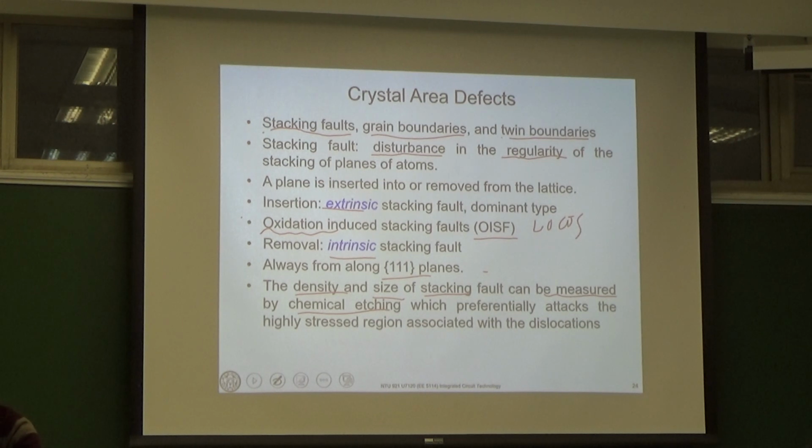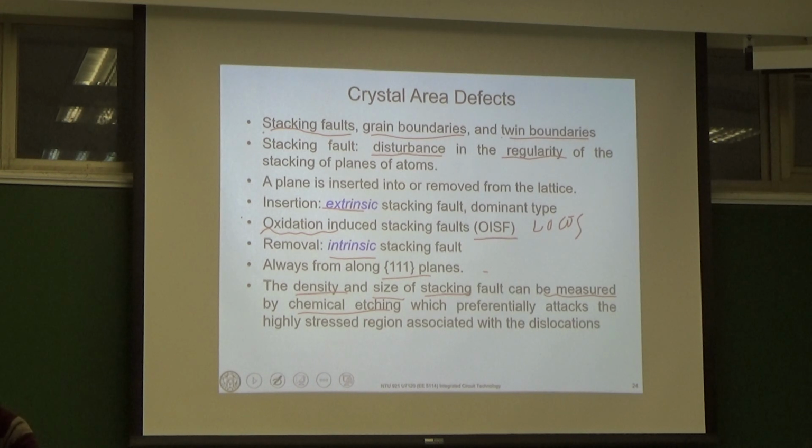Okay, because this chemical agent prefers to attack those highly stressed areas. In those highly stressed areas, you have dislocations, you have a lot of boundaries or dangling bonds, so you have much faster reaction rates with your chemicals.